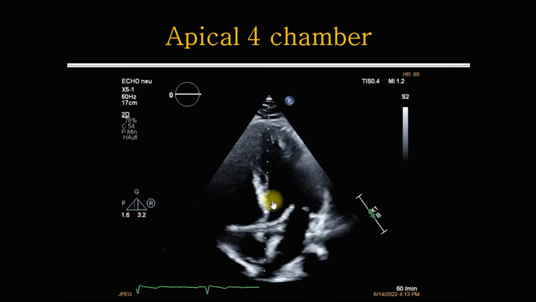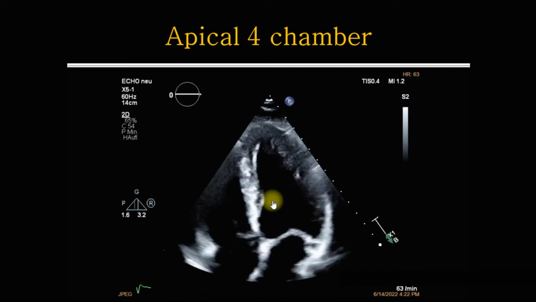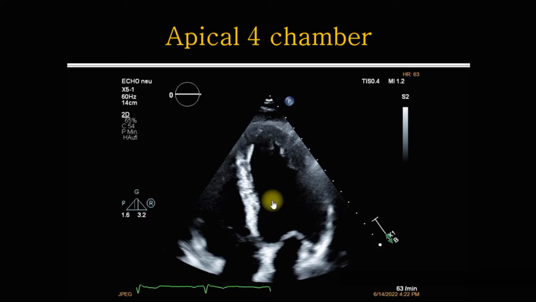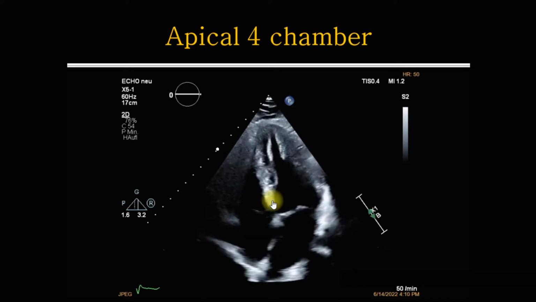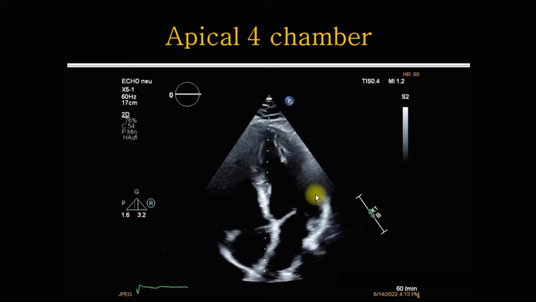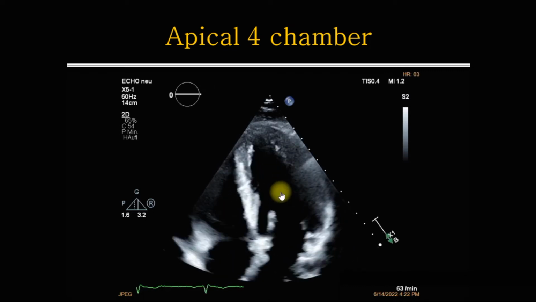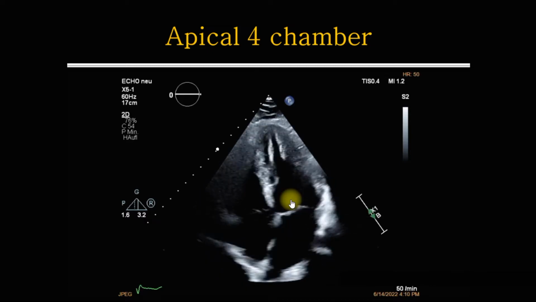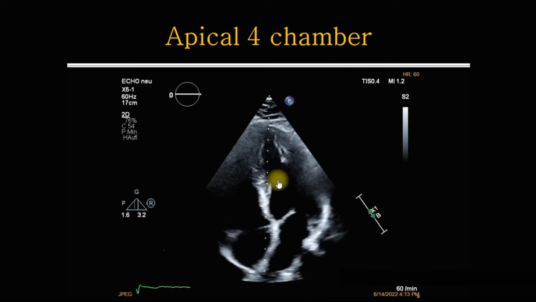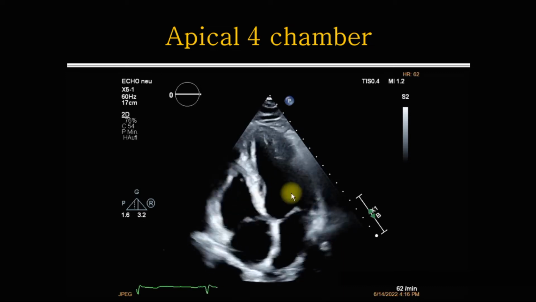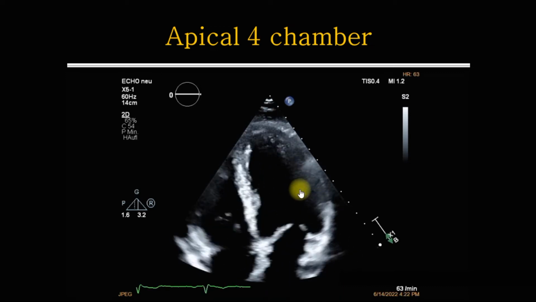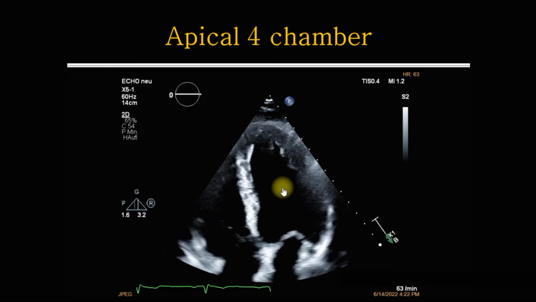There is an abnormality, and we have to find why the atria are larger than the ventricles. Normally the ventricles are larger than the atria, and the left ventricle is always normally bigger than the right ventricle.